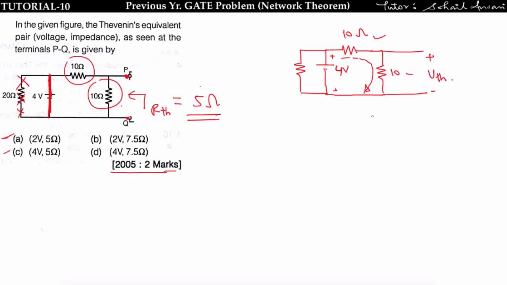Or by the voltage division rule, VTH is the total voltage multiplied by the impedance across which we are finding the voltage, 10 divided by 20, so VTH is equal to 2 volt. So option A is correct.